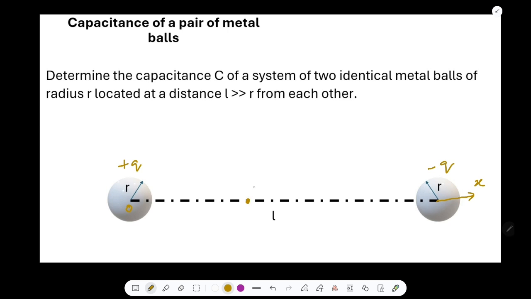Suppose the point is this, and this point P has a coordinate x, which means it is at a distance x from the origin. Let us find the electric field at this point P.